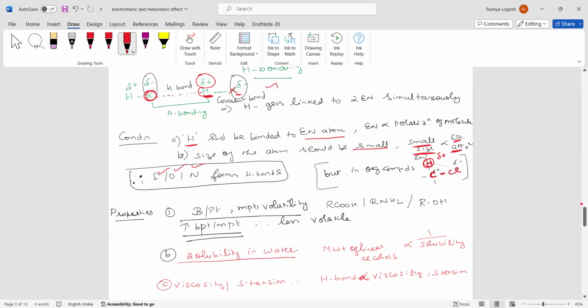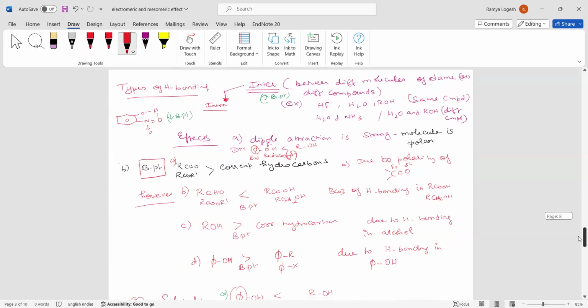Now, with the chlorine that is available on carbon, they form hydrogen bonding between them. So hydrogen bonding happens in both inorganic and organic molecules. Hydrogen is bonded to an electronegative atom, and because of the charge polarization, that hydrogen again gets bonded with another electronegative atom, which should be smaller in size.